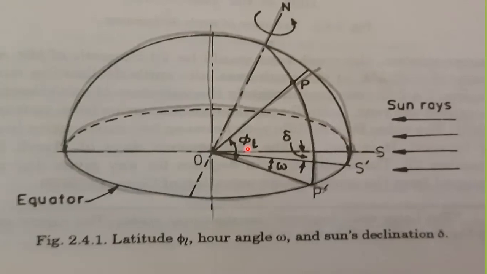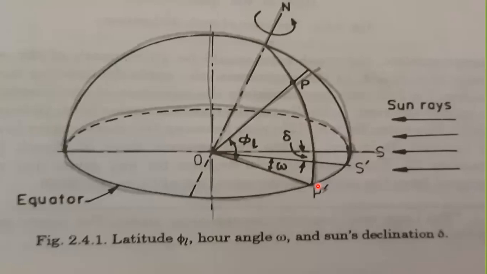This is the angle made by the radial line joining the location to the center of the earth, with its projection onto the equatorial plane.